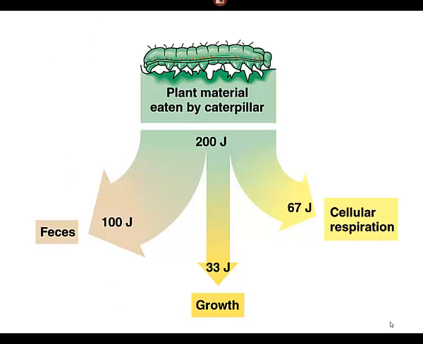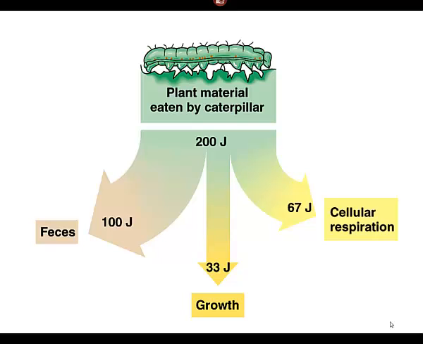So, thinking again about where this energy is going, where the energy is being lost, if you will, a lot of it goes out the poop chute and enters into the detrital food chain. And that's something that is not depicted in these diagrams of ecosystems, but your book does a wonderful job of discussing the detrital food chain.